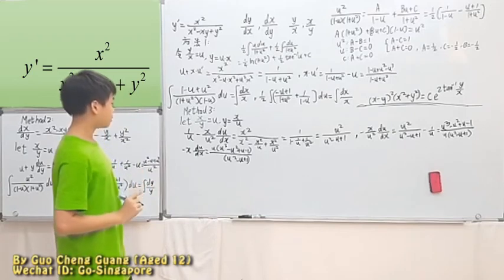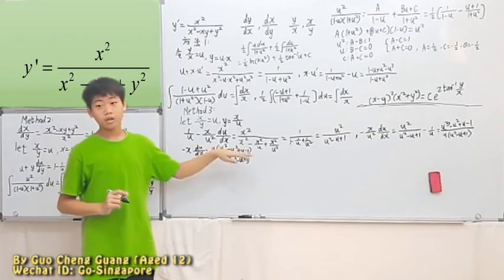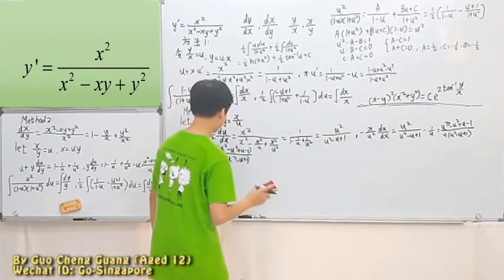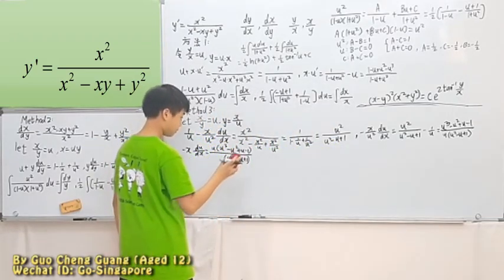Like this, but actually this numerator, you could already factorize it. So let me just show you what it looks like when you factorize it.